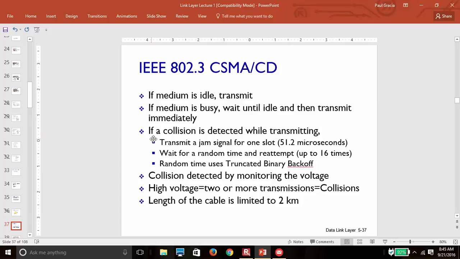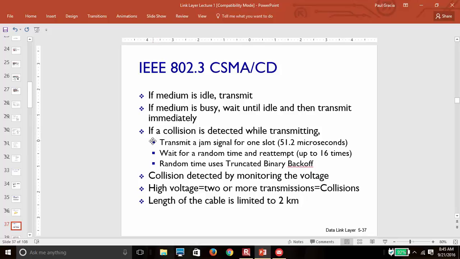The first thing you do is transmit a jam signal for one slot, which is 51.2 microseconds. This is linked to the largest allowable link in the IEEE 802.3 spec, so that's the time it takes for the jam signal to traverse across the whole wire.